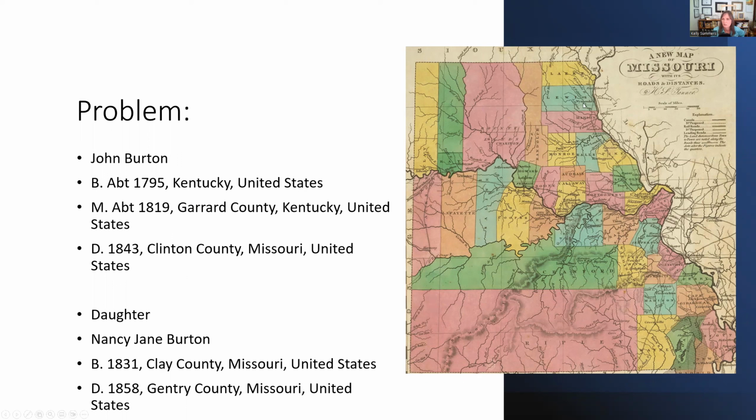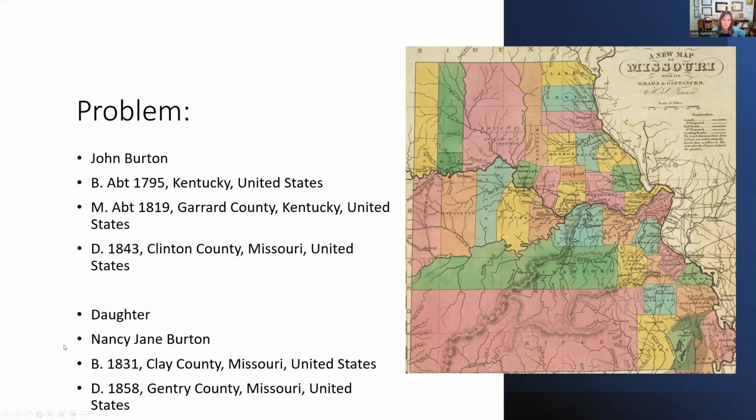And I have a historic map of Missouri here. And the boundaries, as you can see, there are fewer counties in Missouri than there are currently. So Clinton County, Missouri does not show on this map at this time, but it's in this upper northwestern area of the state.